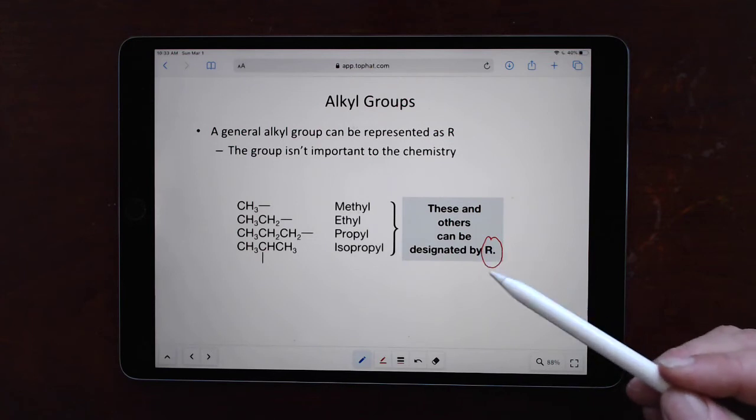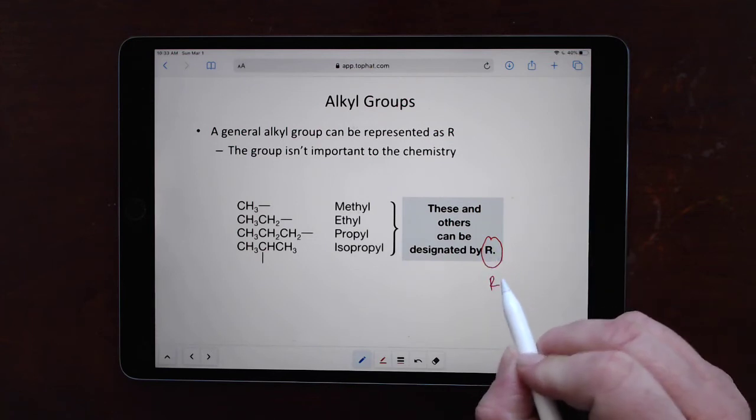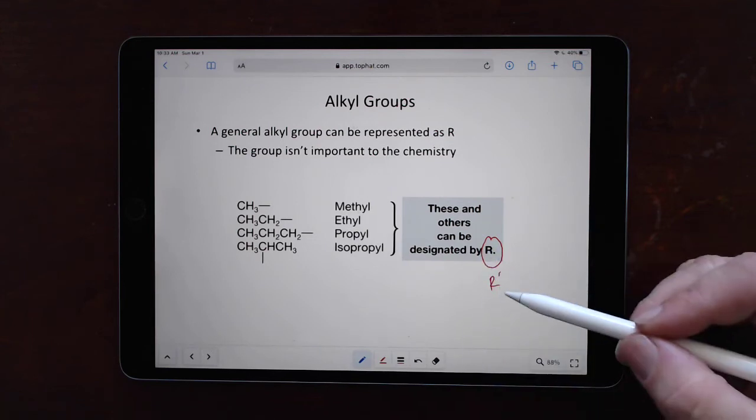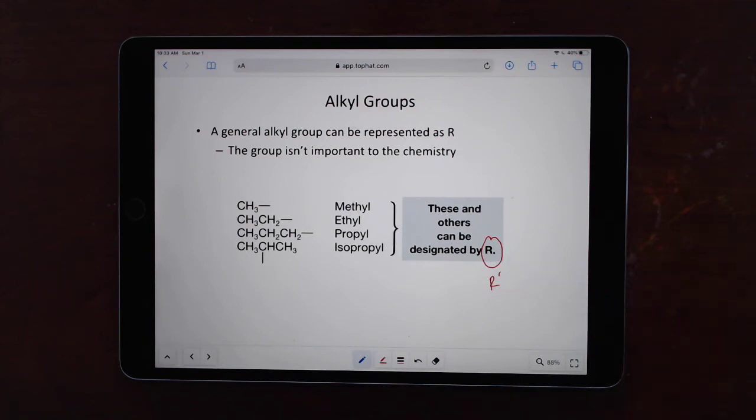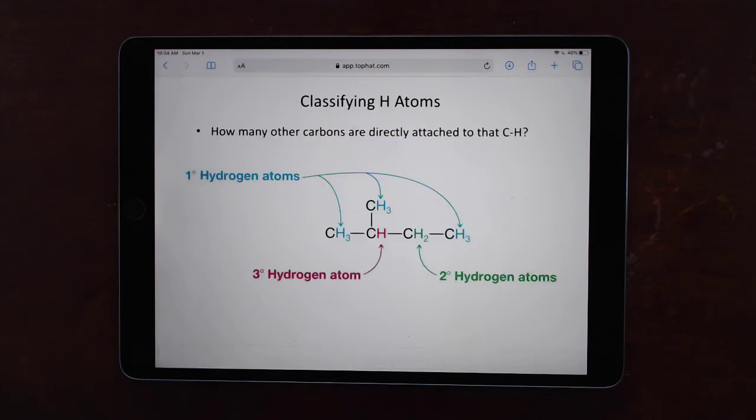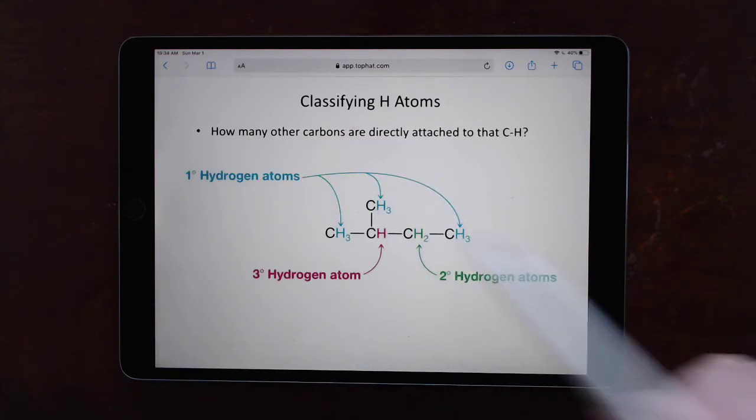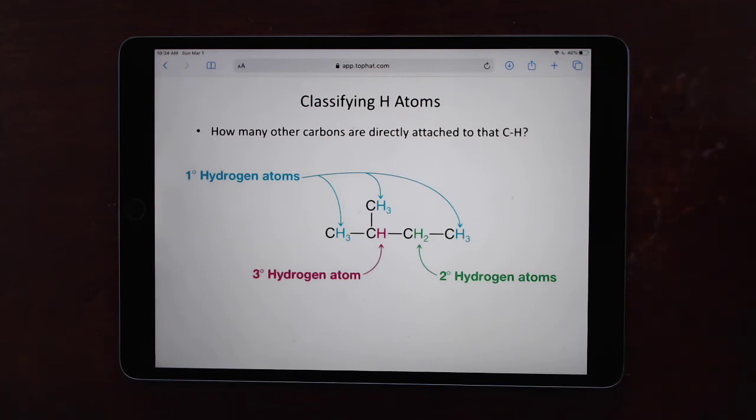When that's the case, then we'll do an R. If you see an R prime, that just means it's a different R group than this. So one side could be propyl, the other side could be hexyl. Doesn't matter. So how about that? Just like with the halides and with the alcohols.